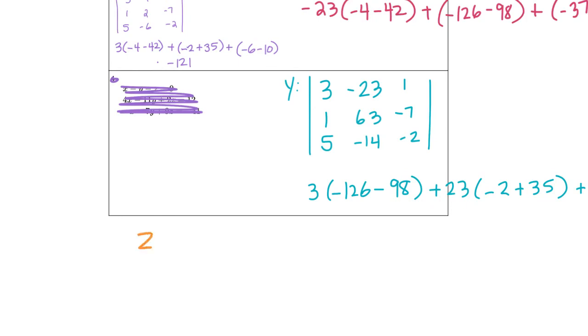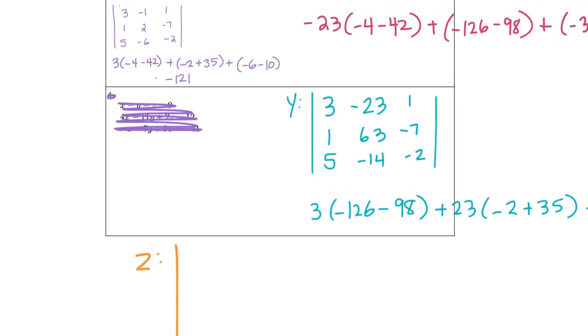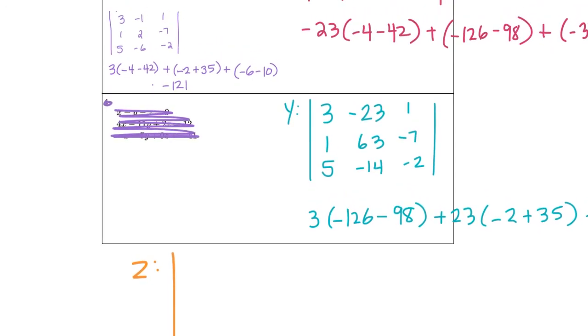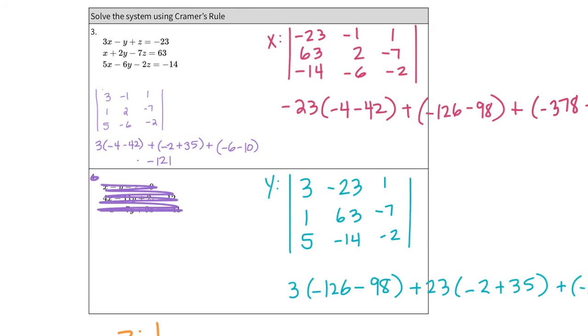Let's put it down over here. So we're going to take the original coefficient matrix and replace that last column with the answer numbers here.